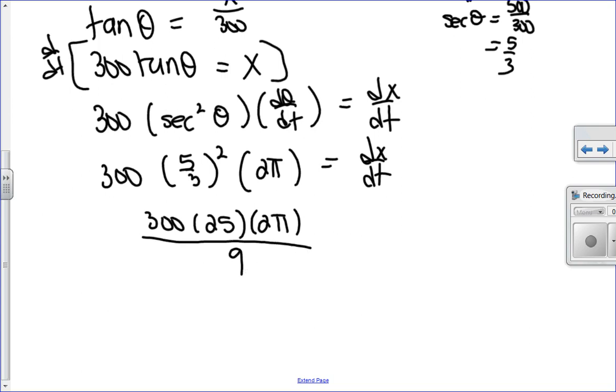So simplifying this, 300 and 9 have a common factor of 3, so I'll divide each one by 3. So then my final answer will be 25 times 2, which is 50, times 100, which is 5,000 pi over 3, and my units are meters per minute. That would be the rate of change.